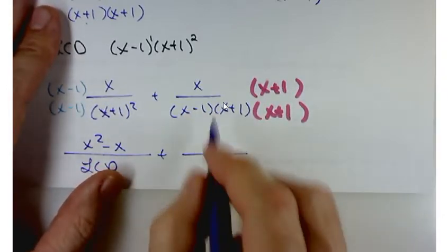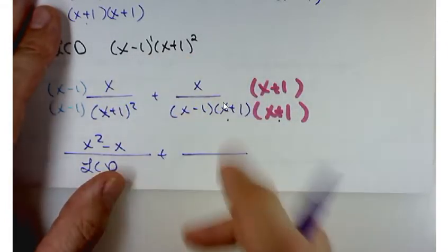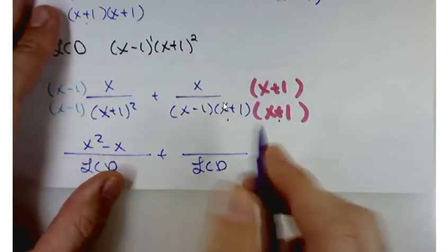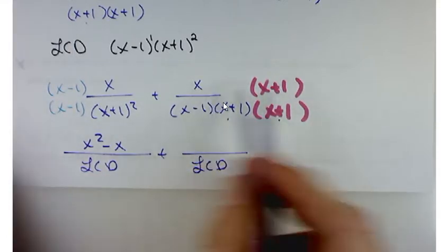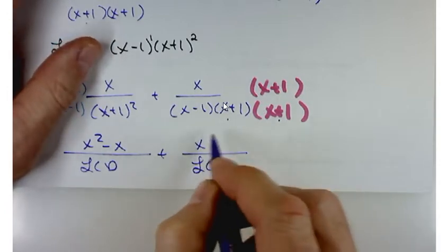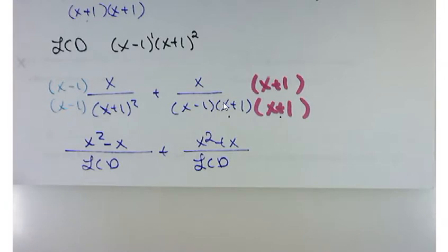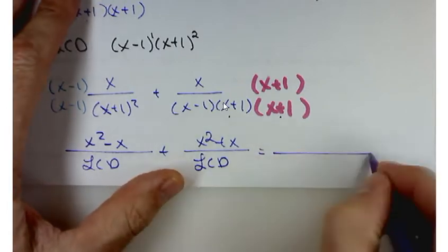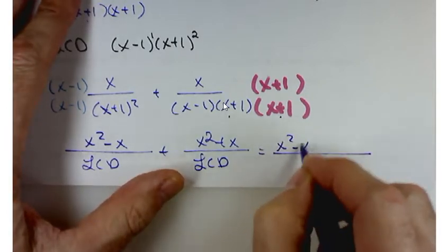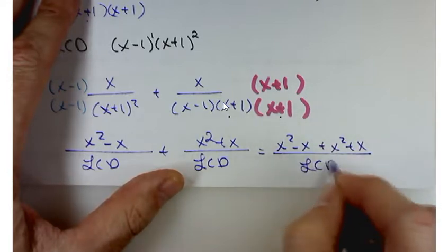I think so. x plus 1 times x plus 1 is x plus 1 squared. Times x minus 1, hey, guess what? That's our LCD. But like the previous one, let's distribute this x to both terms. x squared plus x. Nice. These both have the LCD. So I've got x squared minus x plus x squared plus x over the LCD.